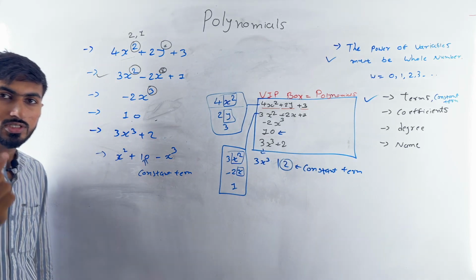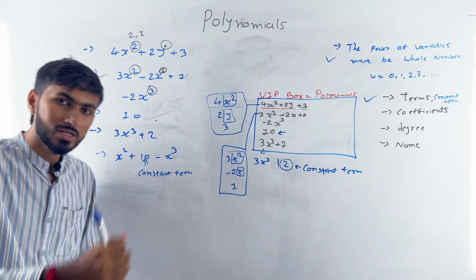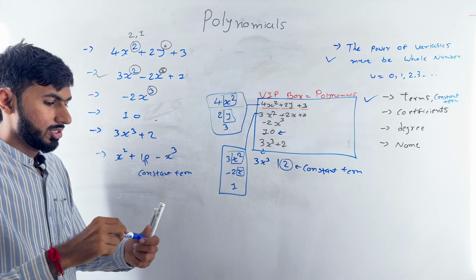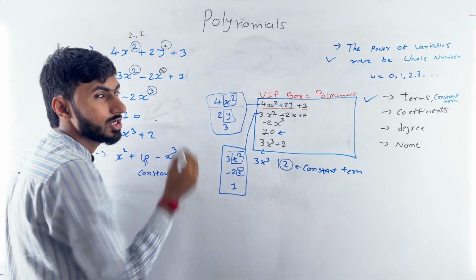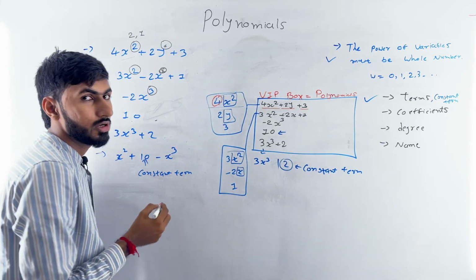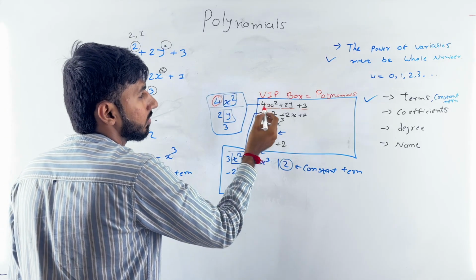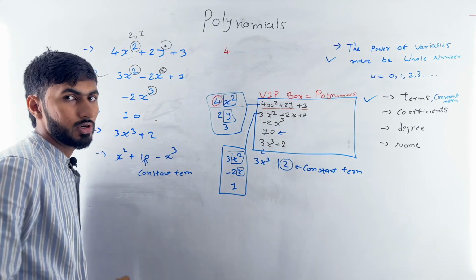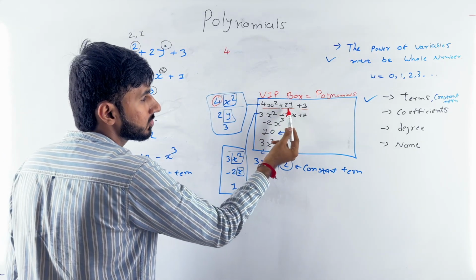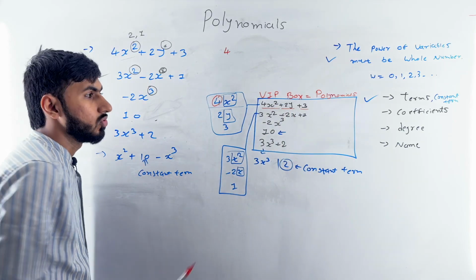Now coefficient is just a number that is multiplied with that variable. If you identify what number is multiplied with this variable x², my answer will be 4. So coefficient of x² in this polynomial is 4. Coefficient of y in this polynomial is just 2.